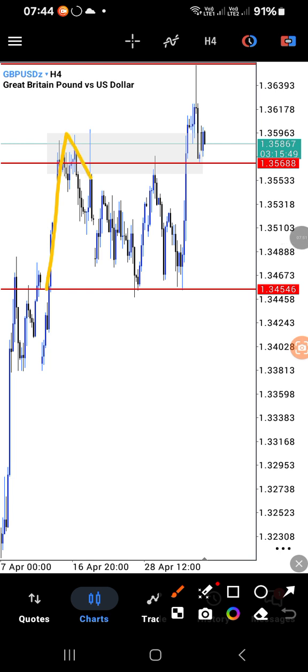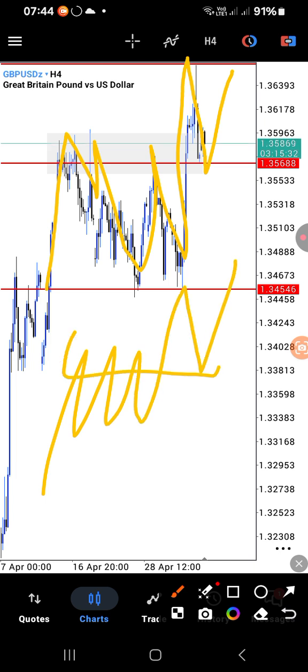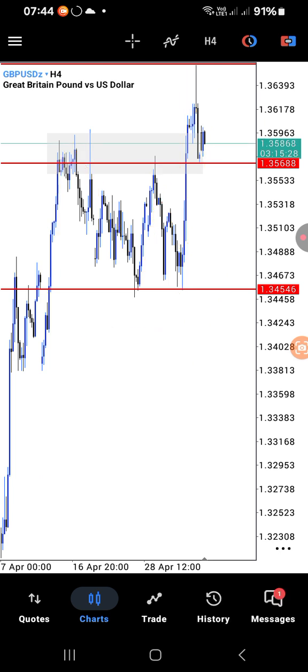As you can see, price came to this point, tested, broke it, comes back and tests. Now we are looking to aim for those highs. Test, break, test, break. Now this one is the support and resistance area. So this is just basic application of the support and resistance area.